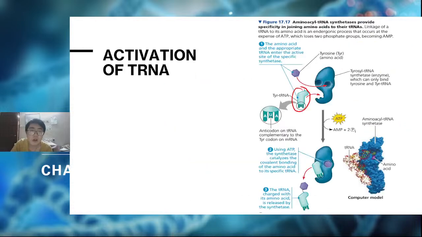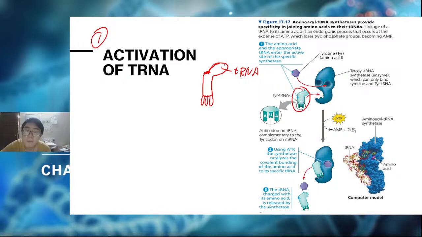Next, the first step of translation is that we need to activate tRNA first, because our tRNA does not contain an amino acid. Pure tRNA will remain like this. It only looks like this, and it contains an anticodon here, but it does not carry any amino acid.